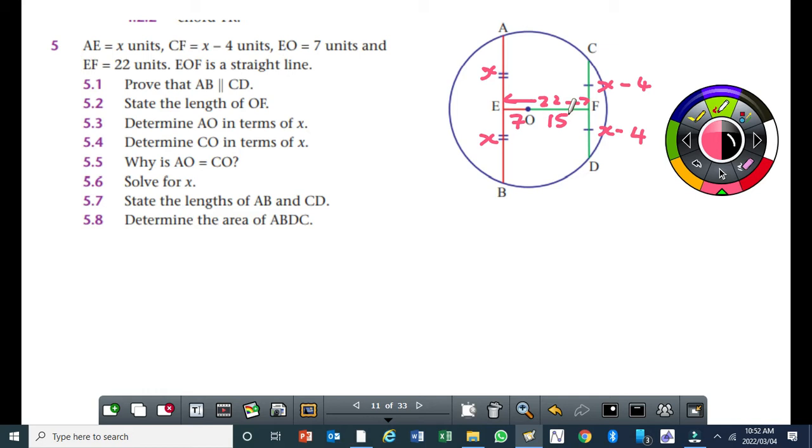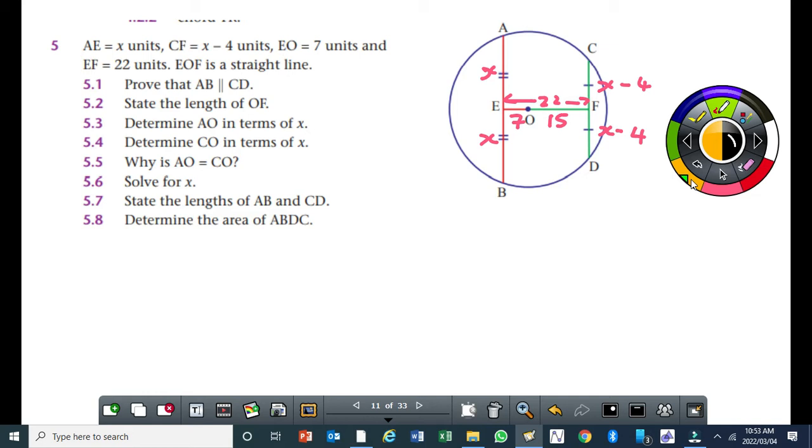Right, 5.1 says, prove that AB is parallel to CD. Now, this question is no longer circle geometry. It's your knowledge from grade 10 which is required. We need to prove that the two chords are parallel.